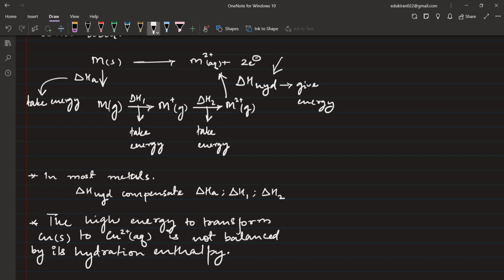Okay, is not balanced by its hydration enthalpy. This is the main reason.